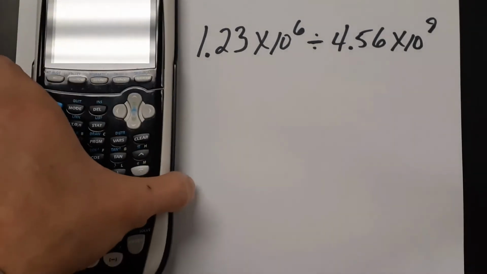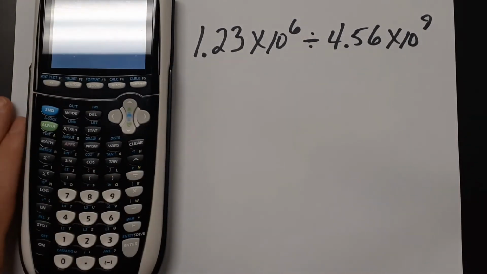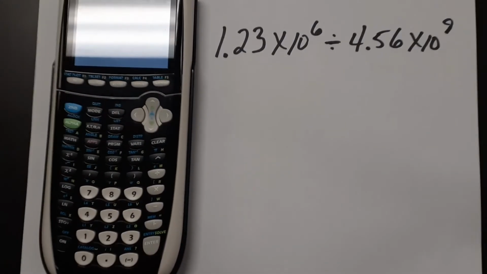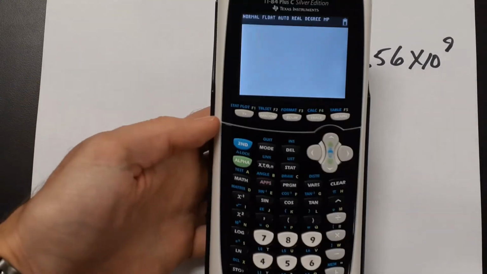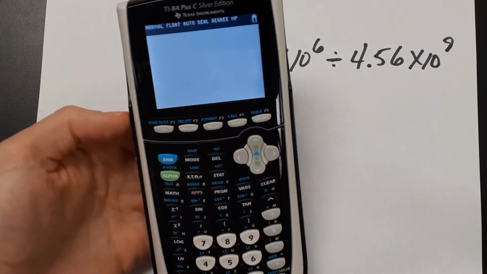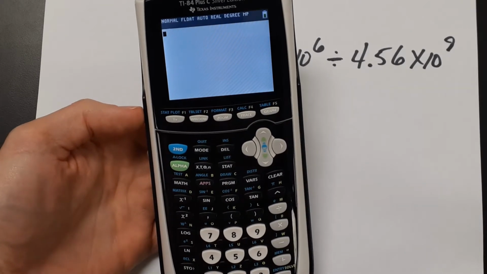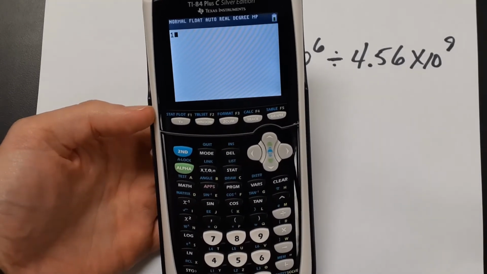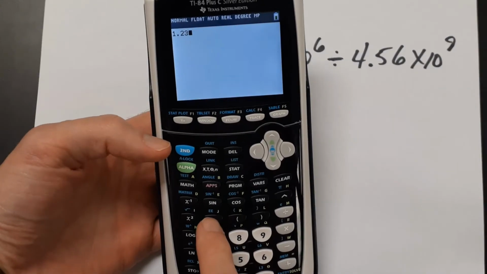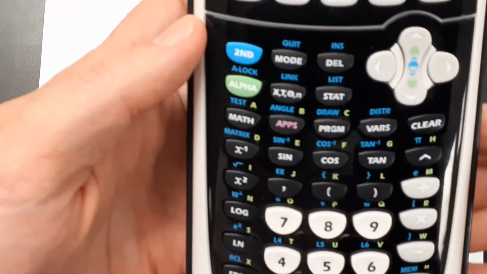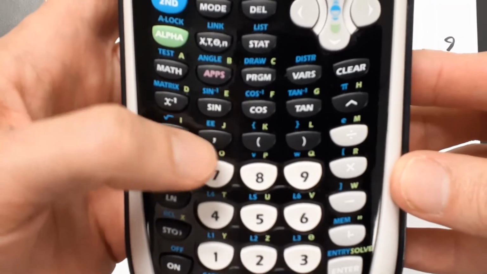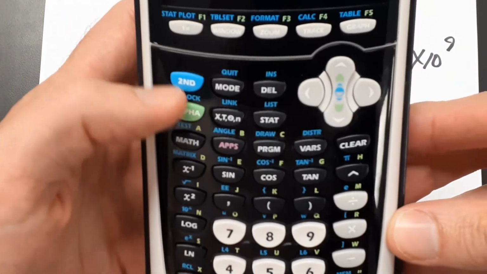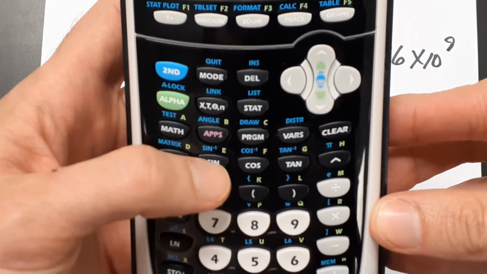Let me show you on a different calculator. This is on my graphing calculator. I've got a terrible glare on it, let me see if I can hold it right here. I'm going to enter that same problem, though you can't see it now because my calculator's in the way. 1.23, and there's that double E button. This time it's on the comma button right above the 7 for this graphing calculator, but I'm doing second.